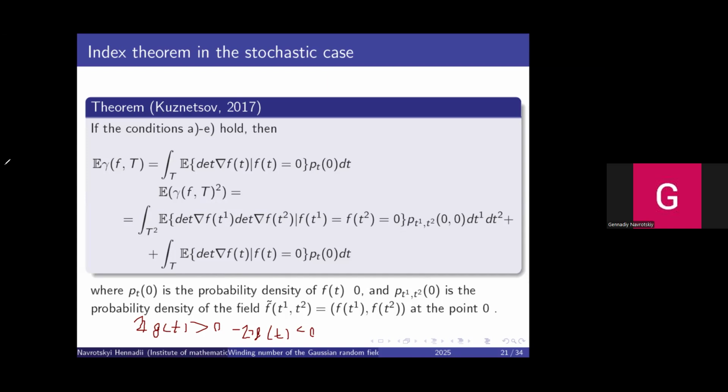So we have this representation of the winding number as the integral of the signum of the determinant of f prime of t.